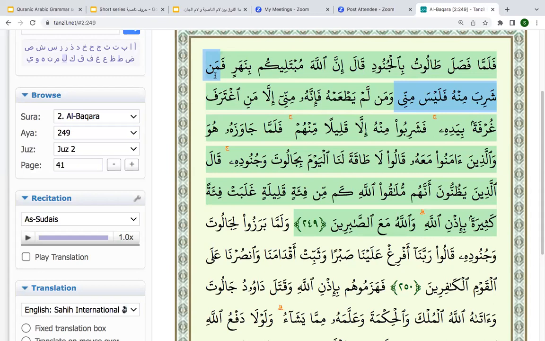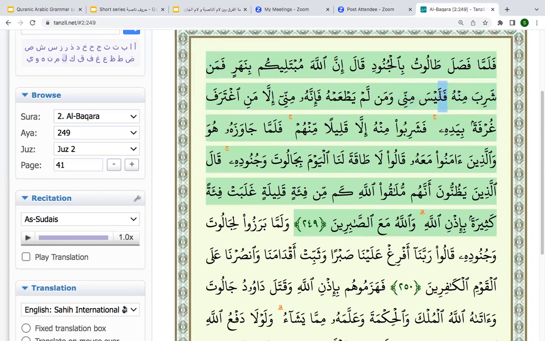Then he is not from me. So this man, is it a condition particle as well? Or condition ism as well? Yes, conditional tool, adwatu shart. So where is this shart ending? Whoever drinks from it, he is not from me. Shariba minhu, minhu is the ending, and falaysa minni.